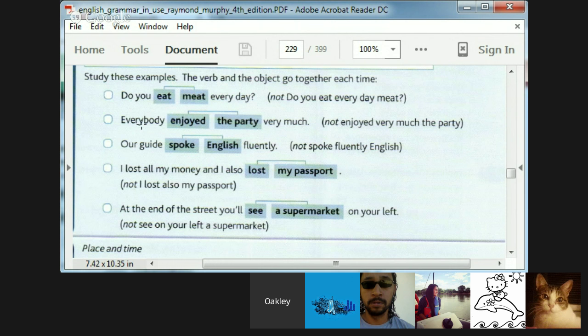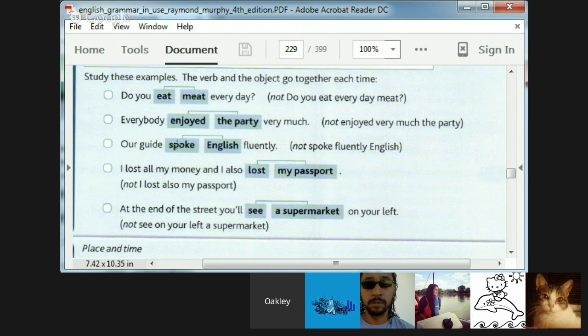However, looking at the second example, "Everybody very much enjoyed the party." Actually, there's really nothing wrong with that. "Our guide fluently spoke English." Okay, when the adverb or adverb phrase is working on the verb, it's usually okay to put that in front of the verb.